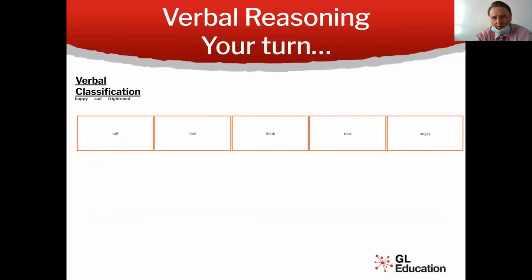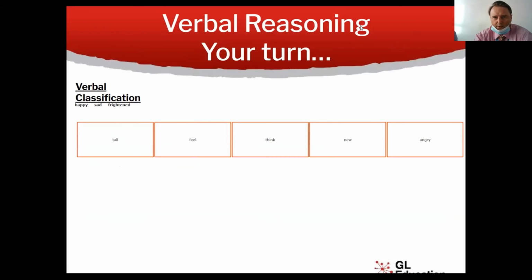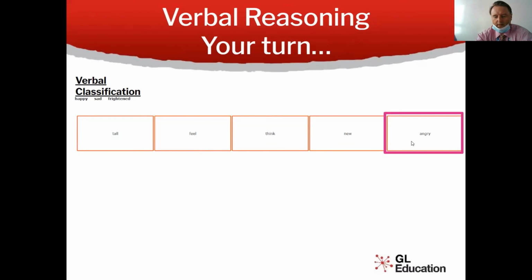Here are some examples of what the pupils will have done during the testing sequence. The verbal classification will give 3 words, and then the pupil will be asked to identify the logical word that would follow next. Here, the next logical word would be angry.